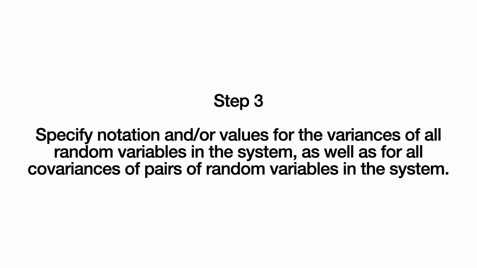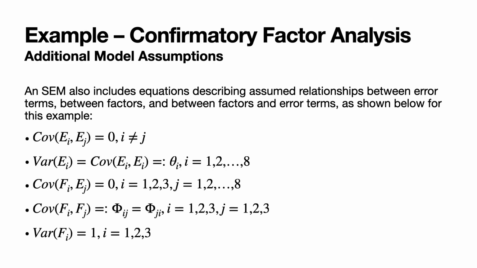In step 3, we're going to specify notation and/or values for the variances of all random variables in the system, as well as for all covariances of pairs of random variables in the system. You'll recall that a structural equation model, as part of its specification, includes equations describing assumed relationships between error terms, between factors, and between factors and error terms.